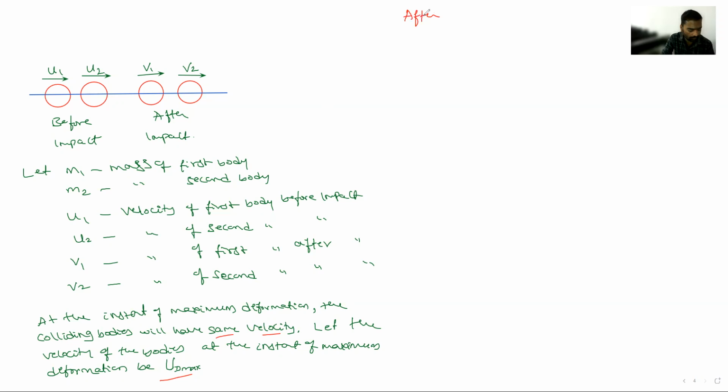After applying the impulse momentum principle for the first body: what is the force during the time of deformation? FD, time is dt.